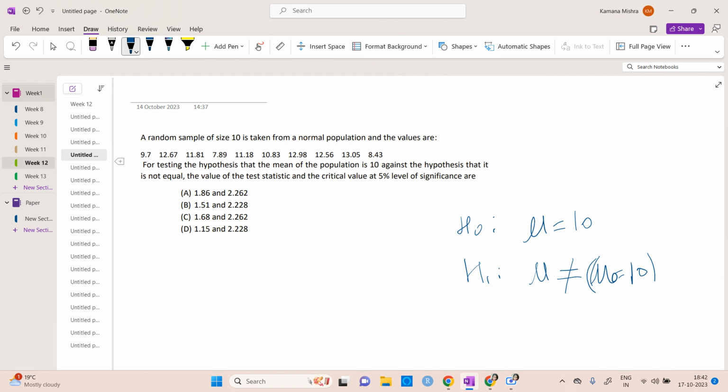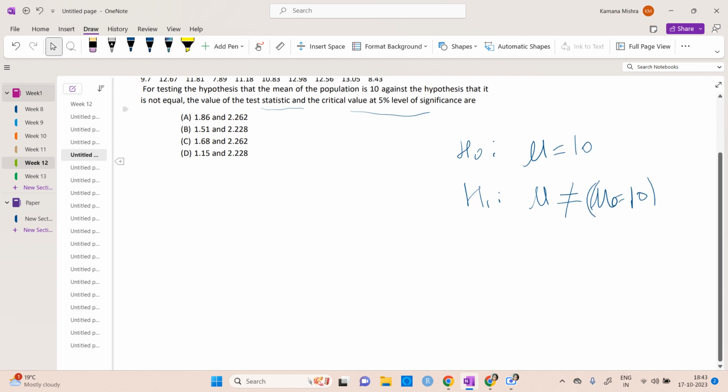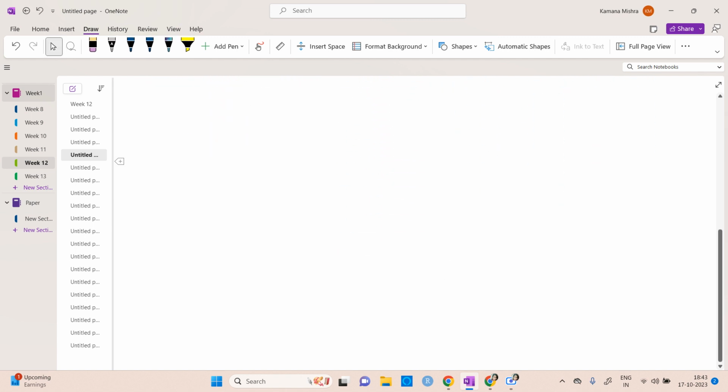This is given, and then we want to find the value of the test statistic and its critical value at 5% level of significance. Now you can see the sample size is 10, so n is equal to 10 and we will perform a t test.